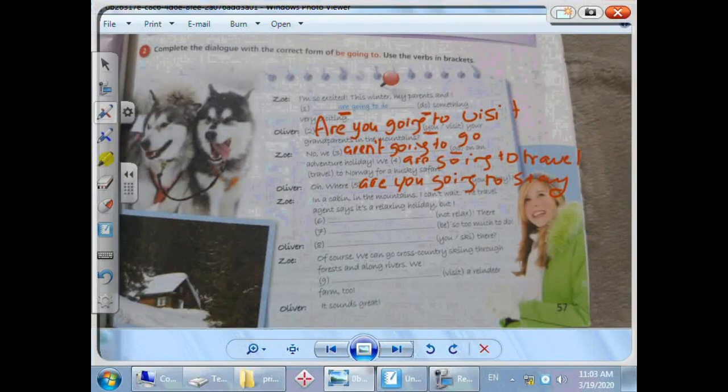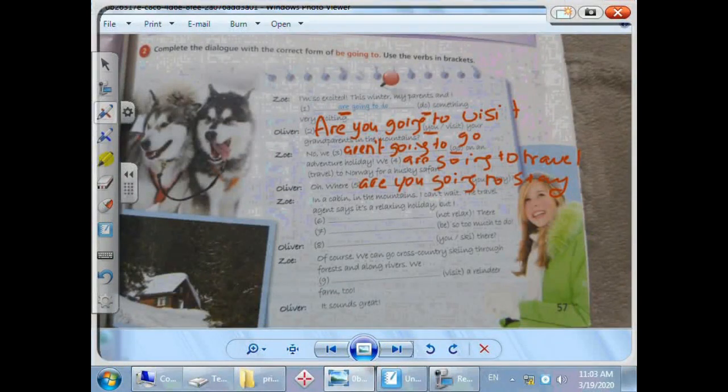Okay, number 6. So where are you going to stay? In a cabin in the mountains? I can't wait. The travel agent says it's a relaxing holiday. But I am not going to relax. The verb. There.